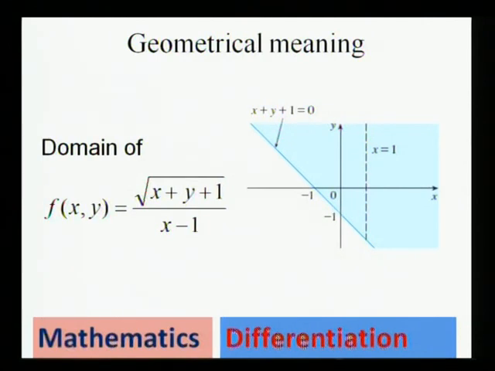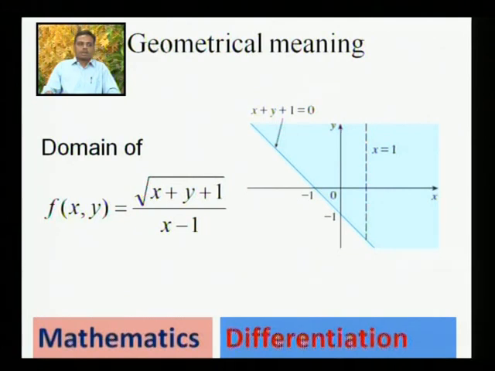Again you can see the domain of this function f(x, y) equals square root of (x plus y plus 1) divided by (x minus 1). Now on the right hand side you see the geometrical meaning of this function. See, this denominator is defined for all values except x not equal to 1.